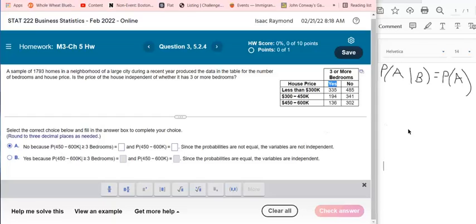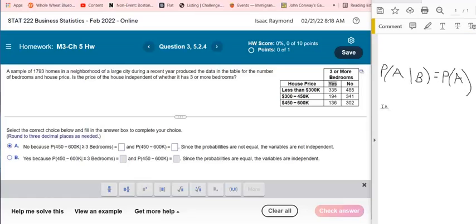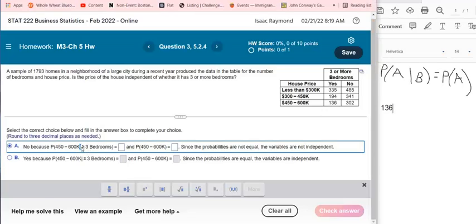So when you calculate a probability, you take the number you're interested in. In this case, it's the number of $450,000 to $600,000 homes. There's 136 that fit in that category that are also 3-bedroom homes, right? Because again, it's a conditional probability. When they say this vertical bar, it means given that it's 3 or more bedrooms.